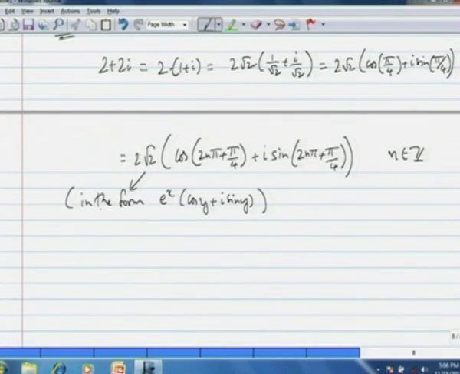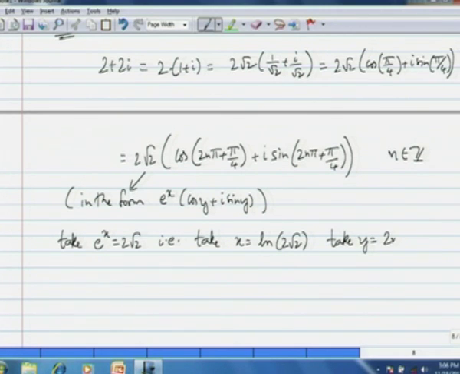Now, take e power x to be equal to 2 root 2, that is, take x to be the real logarithm of 2 root 2. And take y to be equal to 2n pi plus pi by 4.